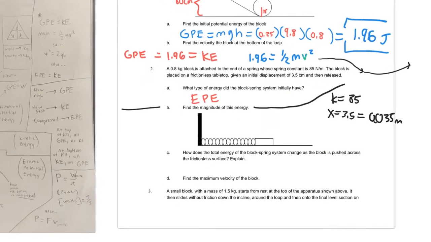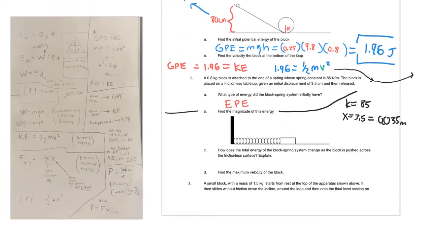But regardless, we now have the information that we need to flesh out this equation down here. So in order to find the magnitude, in other words, in order to find the elastic potential energy, we could set that equal to 1/2 k times x squared. And let's fill that out right now with what we know it to be, because we already listed the cast of characters.